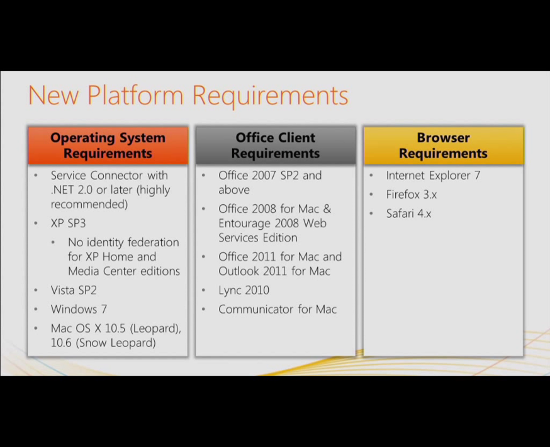No problem at all. From the Office client requirements instead, it's important to underline that you will need to use at least Office 2007 Service Pack 2 and above. So if you have users that are still using Office 2003, we, you, partner, and customer, will need to work to try to change your Office version to a newer one.